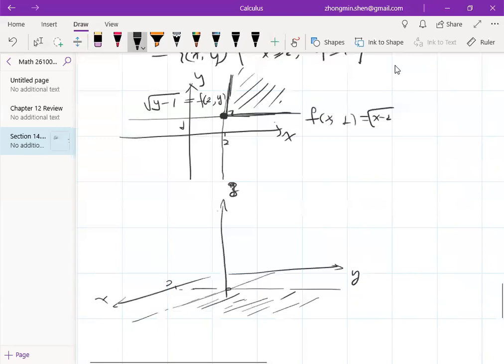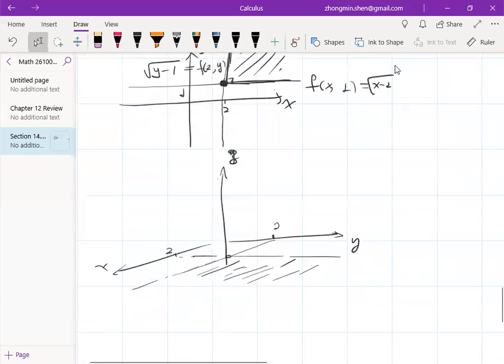And this is 2, that's 1. Let's just build a roof over this region. I have to give you some idea about what the roof looks like. At this corner, I think f is 0.